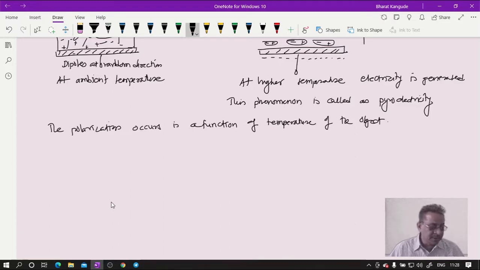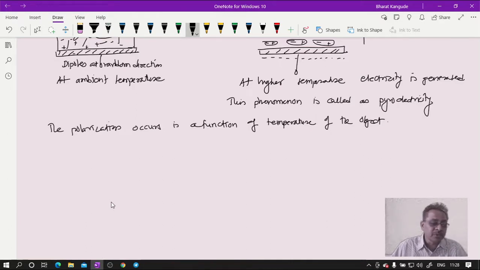Polarization that occurs is a function of the temperature. This is called primary pyroelectricity, etc. All these definitions are given there. You can read all these things in the book.